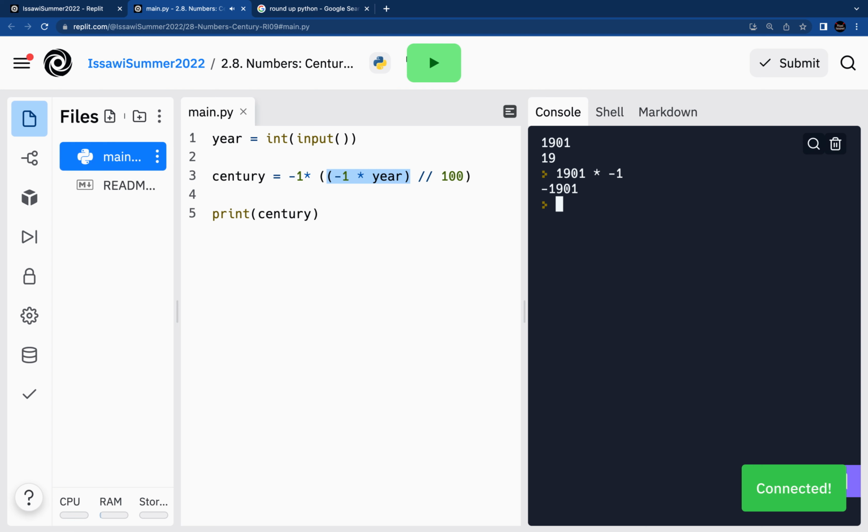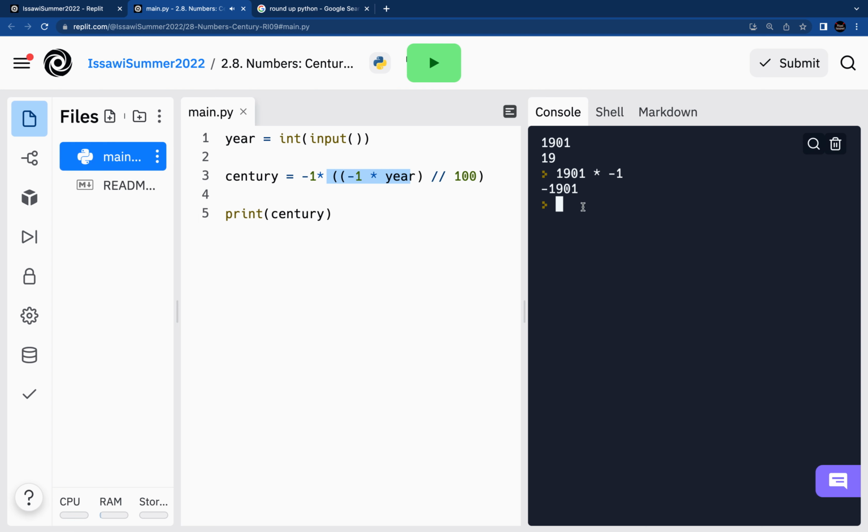And then what we want to do is say 1901 times -1, and when we divide by 100, it goes and rounds down.